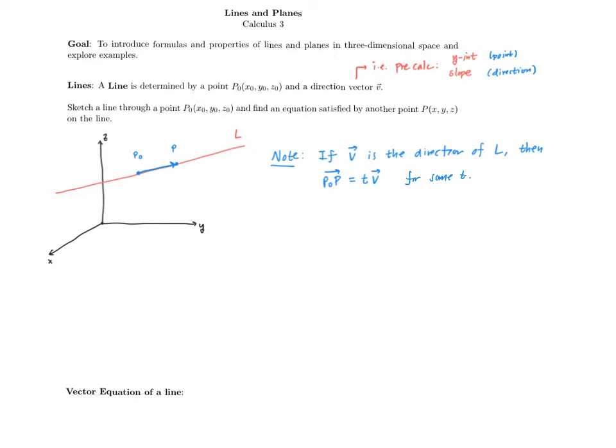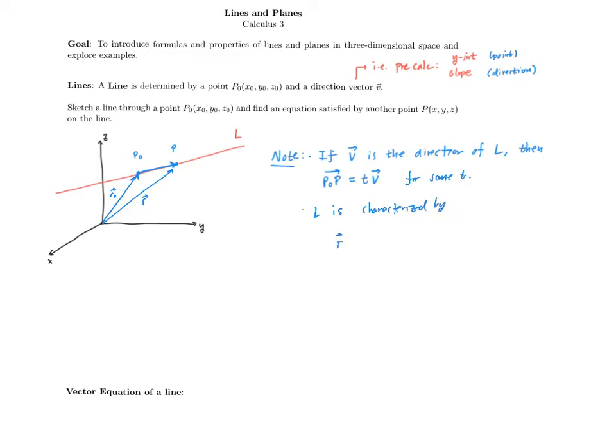And let's use this idea to think about how we can get to P from knowing P naught. I'm going to get there by thinking about vector addition. If we consider the position vector that ends at P naught, let's call that r naught, and another position vector going to P, let's call this vector r. With this observation, we can say that L is characterized by the following equation.